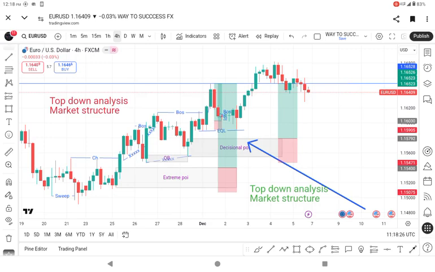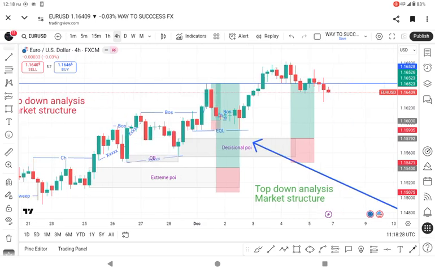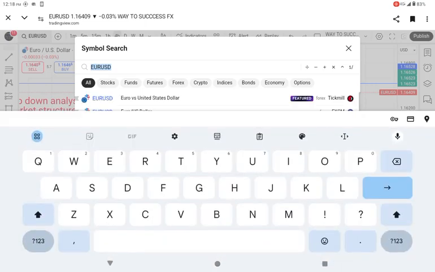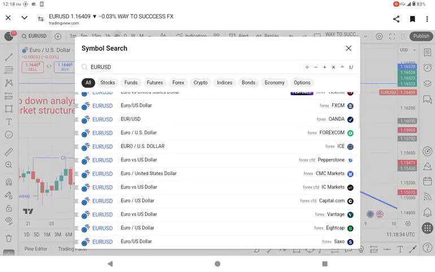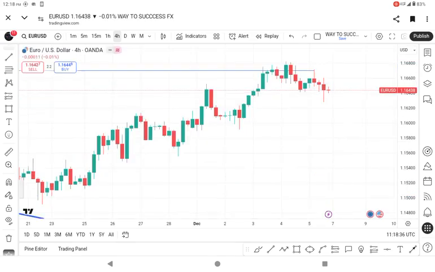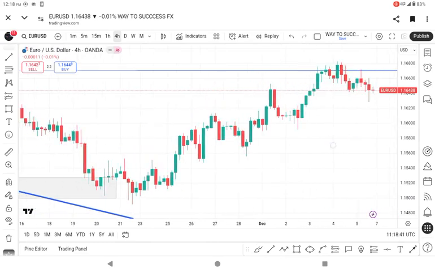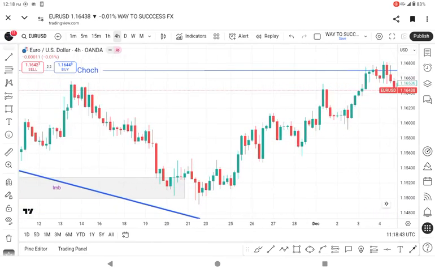This is our chart on Euro USD. I think I've done analysis here before. Yes, I have an analysis on it. I always use a new window chart so that we can start our analysis very fresh.